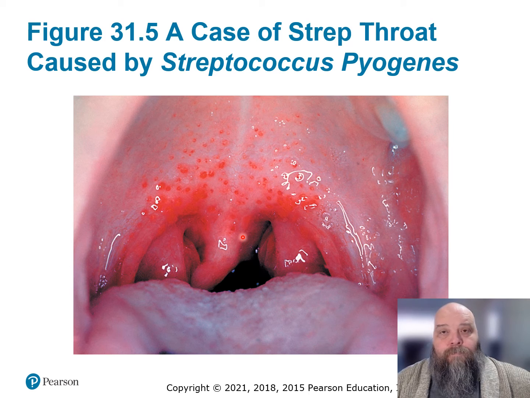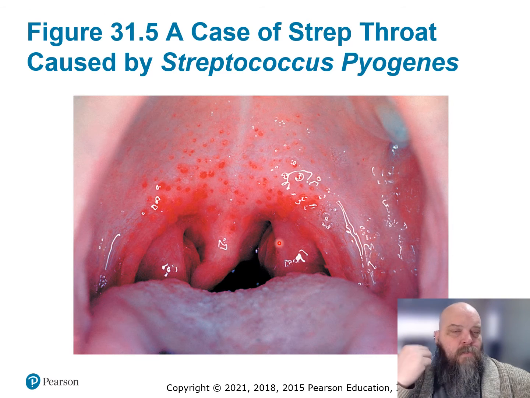The strep throat. All of these little pixelated red spots you see right here are areas where the capillary beds are bursting. You go back there and shine a light even further back, and you may be able to see areas where the mucous membrane is disrupted because the bacteria growing on the surface is doing damage to the tissues.